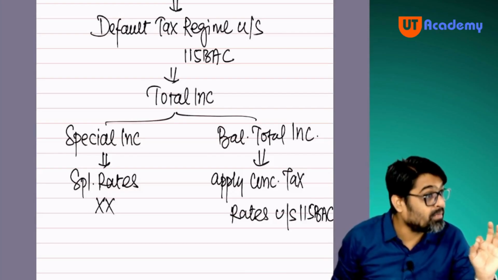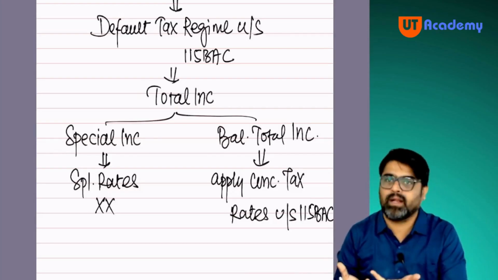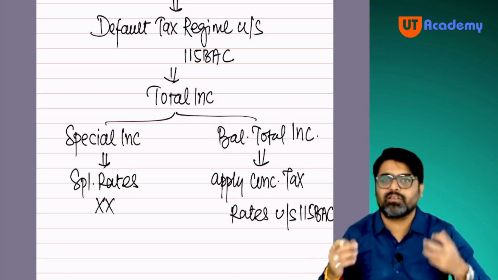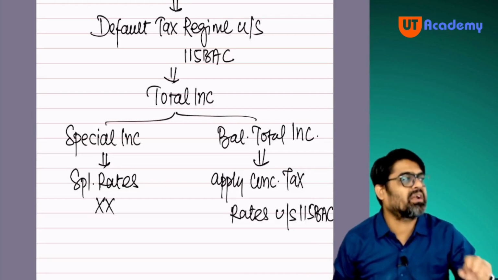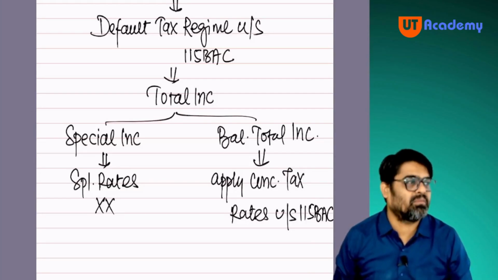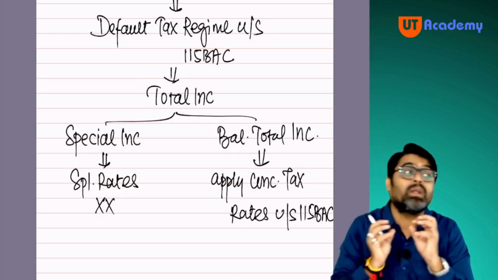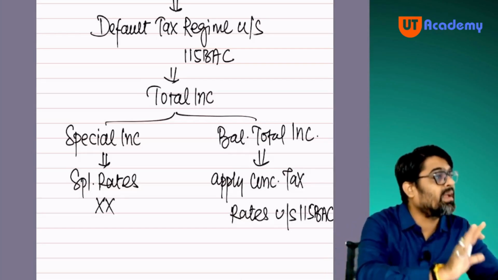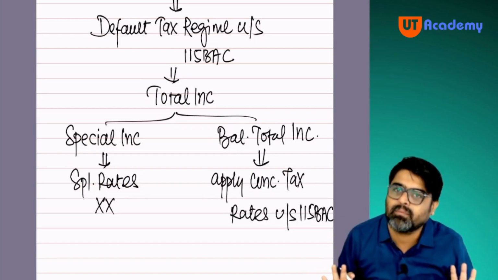But I have to make you aware about this right now, because every now and then you are going to see 115 BAC in all the chapters. At that time you will get confused: sir, what is this 115 BAC? So in order to have an idea at that time, I have to give you a little introduction about 115 BAC right now. That is why I am discussing this right now. Getting my point, what I am trying to tell you?